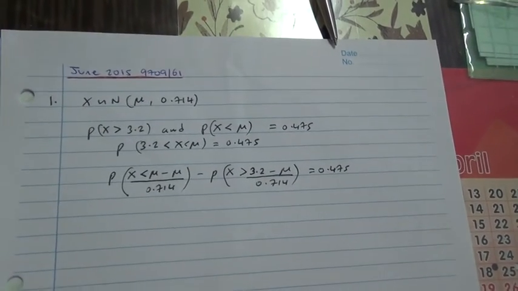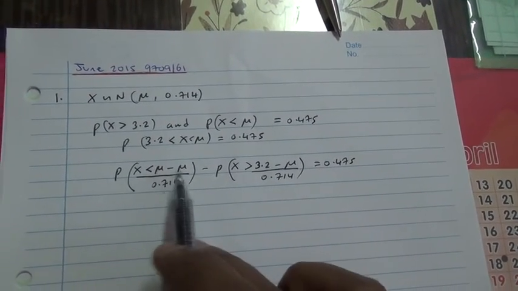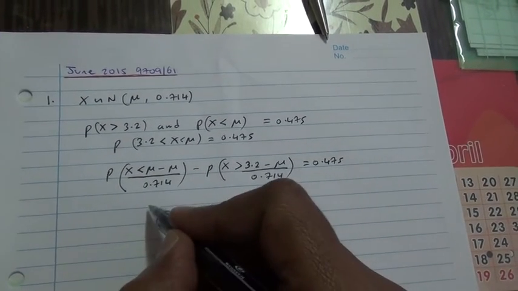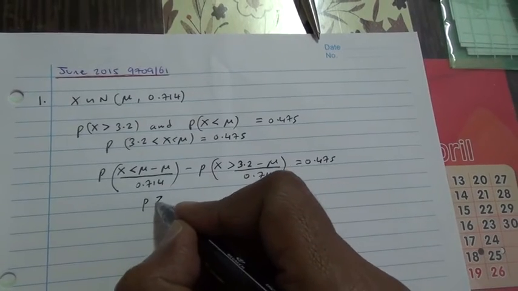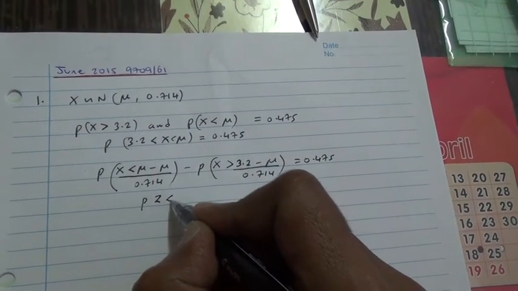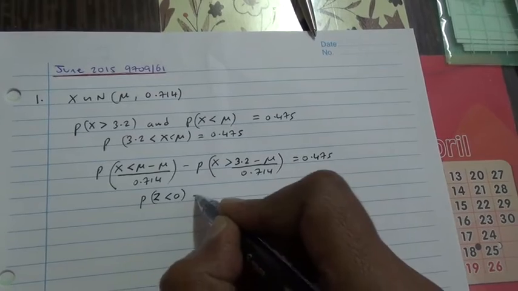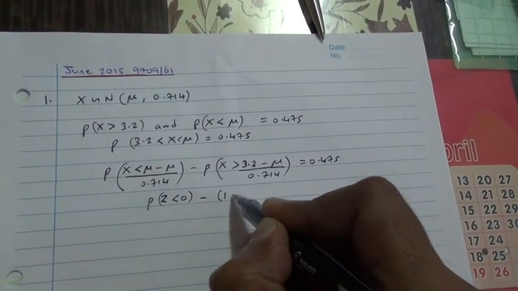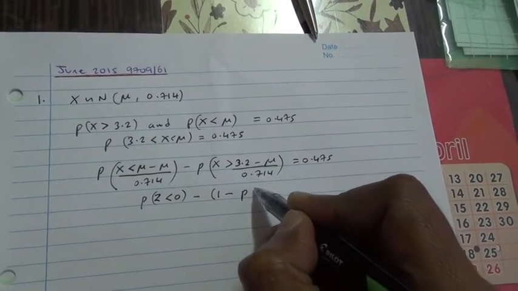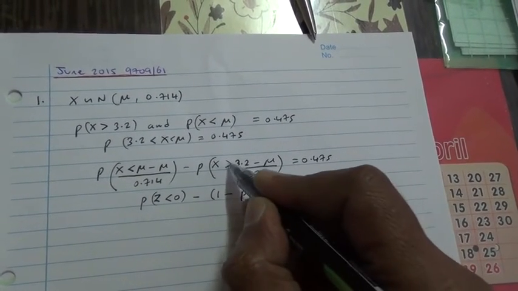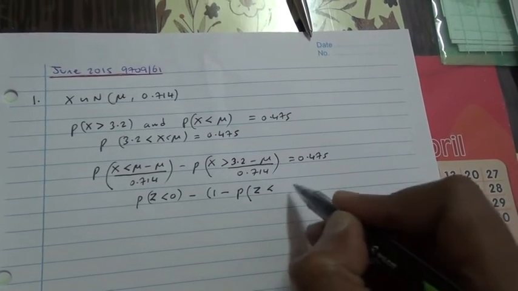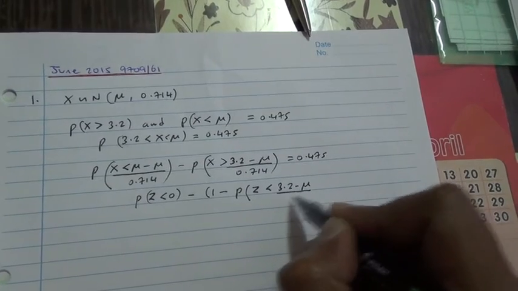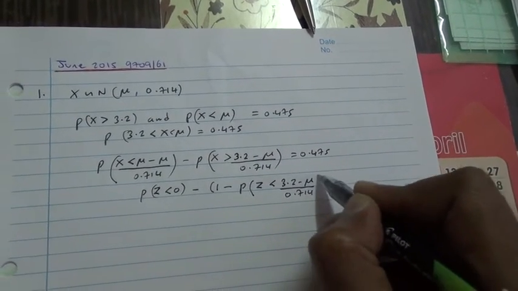At that stage we need to standardize. Mu minus mu is 0, and 0 divided by 0.714 is 0. So we say the probability of z being less than 0, minus the probability of z greater than 3.2 minus mu over 0.714. This is exactly the same as 1 minus the probability of z less than 3.2 minus mu over 0.714.